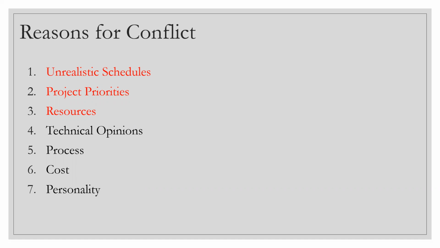The number one reason is when your schedule is unrealistic. Because of that, you do not have the resources on the ground level, but you have prepared a schedule, and then you are going to have a conflict with the different internal partner teams with whom you have to do a handshake and get the work done, but probably the resources are not there. The example can be in many ways.